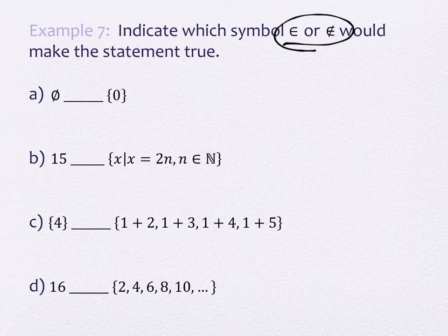If you take a look at the first one, what does that symbol mean? We talked about it last time. It's the empty set or the null set. In particular, it is a set. And if it is a set, it's not an element. So this symbol right here would mean that it is an element, and an element is not the same as a set.